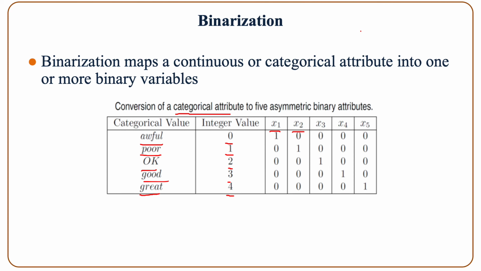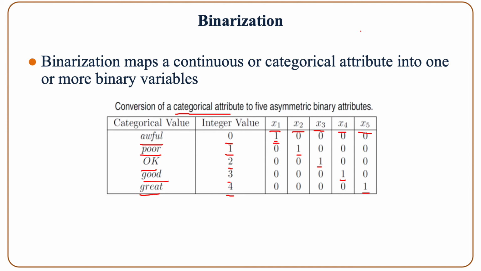Here we have h1, h2, h3, h4, and h5. We put number 1 in one of the columns for each categorical value. So for awful, we put 1 in h1. For poor, we put 1 in h2. For okay, we put 1 in h3. For good, we put 1 in h4, and finally for great, we put 1 in h5.